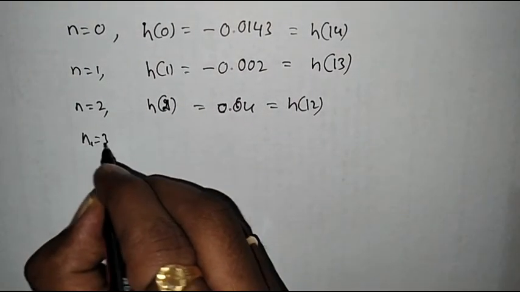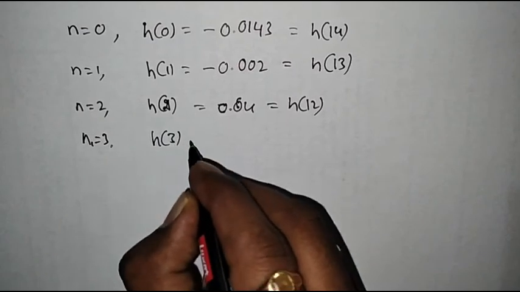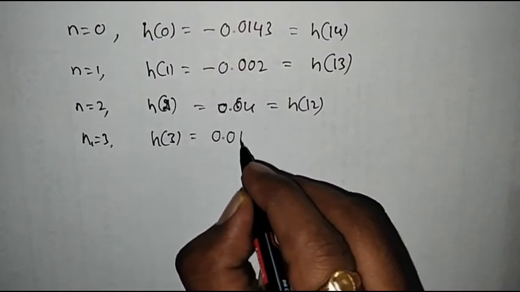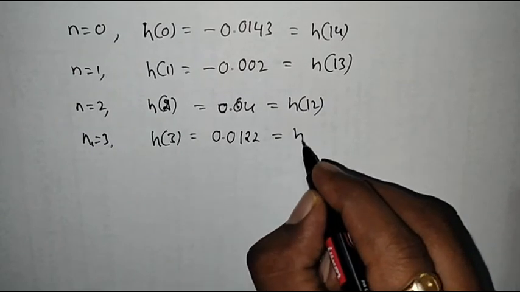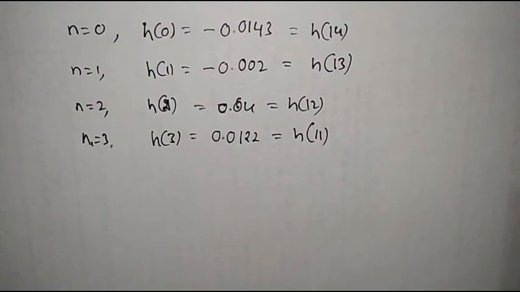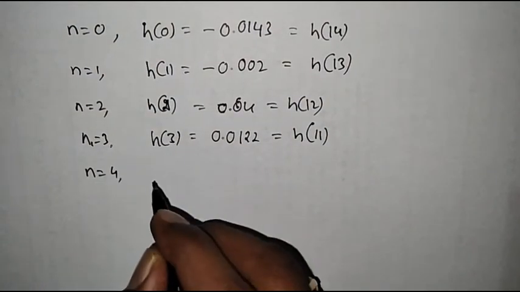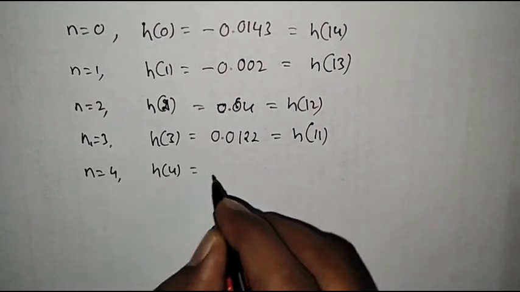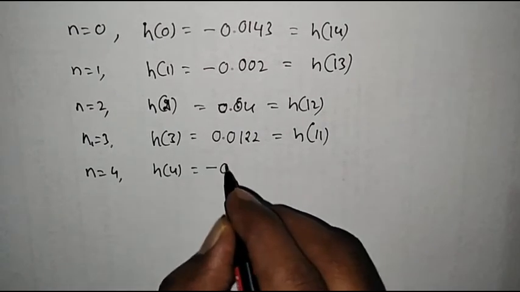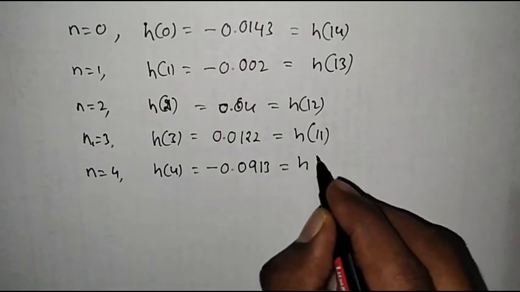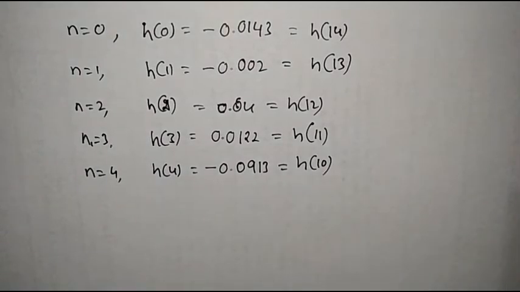For n equal to 3, we get 0.0122, which is also equal to h of 11. For n equal to 4, h of 4 value is minus 0.0913, which is also equal to h of 10.